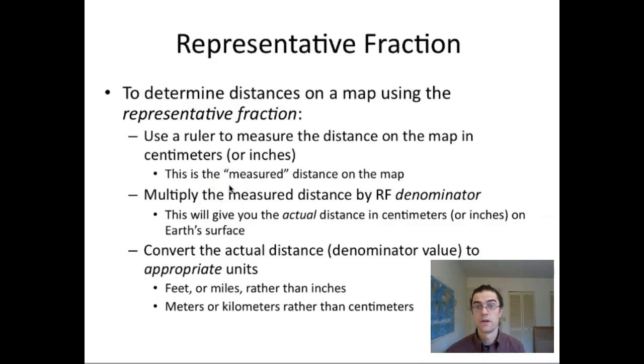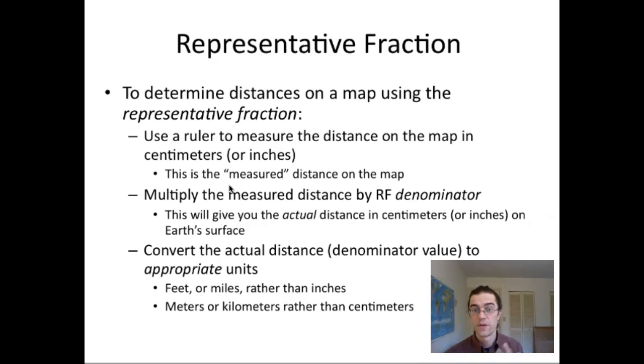Okay, so to determine distances on a map using the representative fraction, we want to use a ruler to measure the distance on a map in centimeters or inches. And this is what's known as the measured distance on the map. Right? Then we multiply the measured distance by the RF denominator, as the second number in the fraction. This will give you the actual distance in centimeters on the Earth's surface.